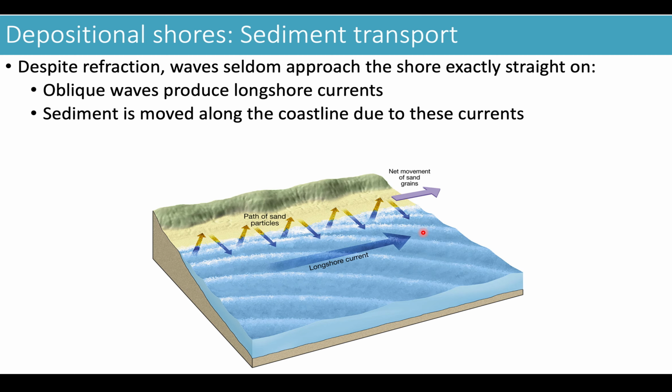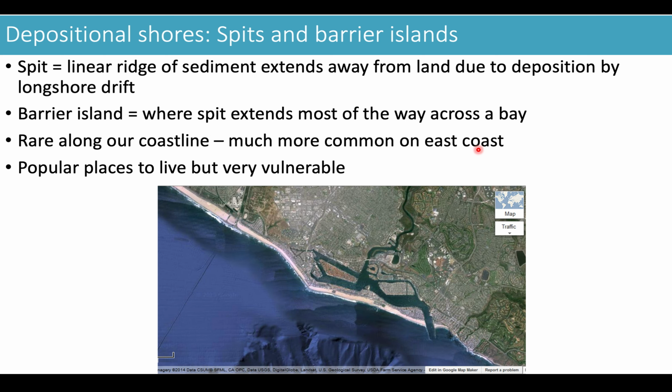So what happens is over time, you actually move sand down the beach. So this is called longshore drift, caused by what we call a longshore current. So longshore drift is where we have this zigzag pattern because of this refraction along the shoreline, which means that the net movement of our sand is actually going to be all the way down the beach.